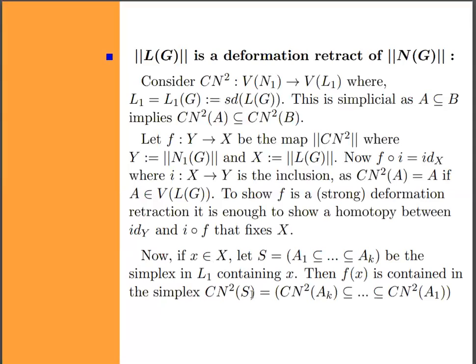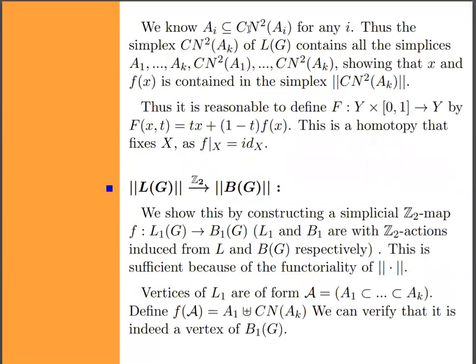Then Cn2 of S is the simplex in L1 containing F of S. Now AI is contained in Cn2 of AI for any I. So that just means that all these simplices of N of G are contained in this simplex of N of G, because AK is contained in Cn2 of AK, all AIs are contained in AK, and all Cn2 AIs are contained in Cn2 of AK.